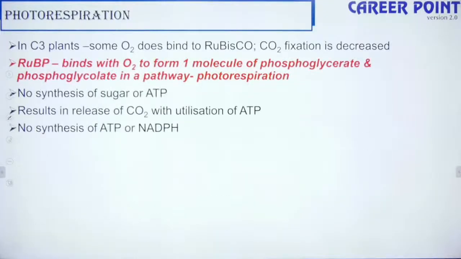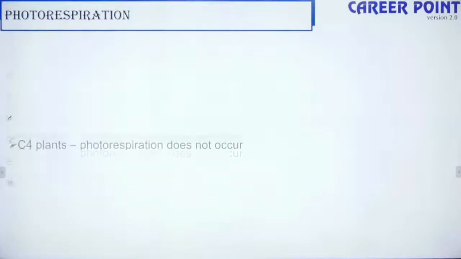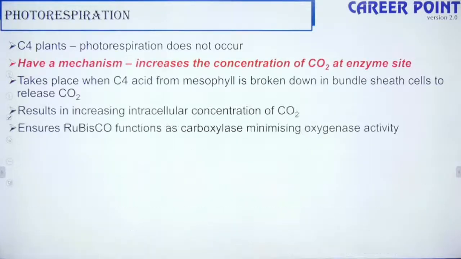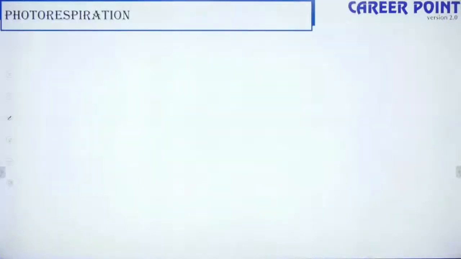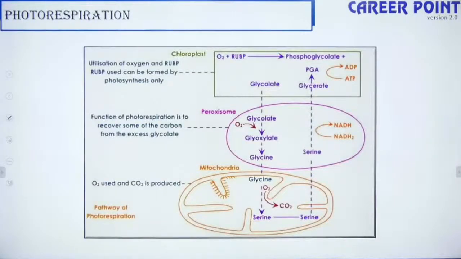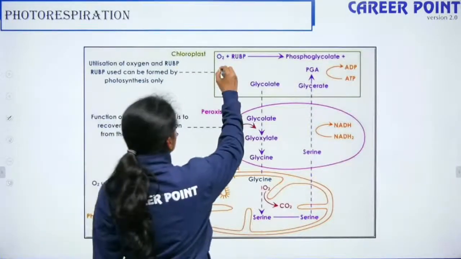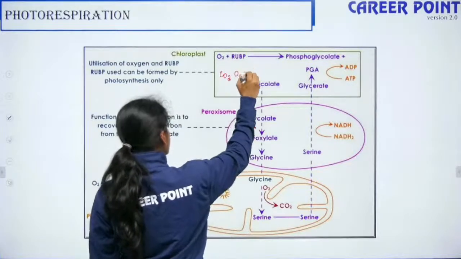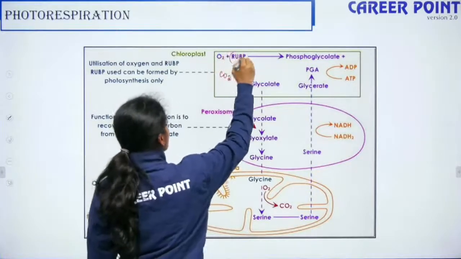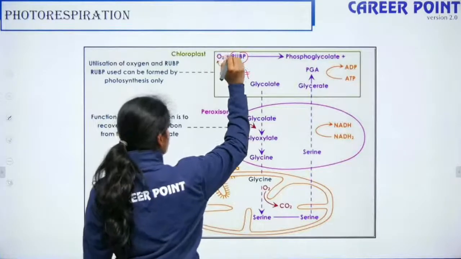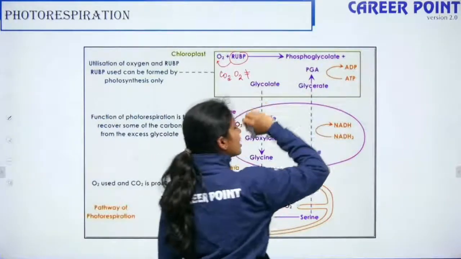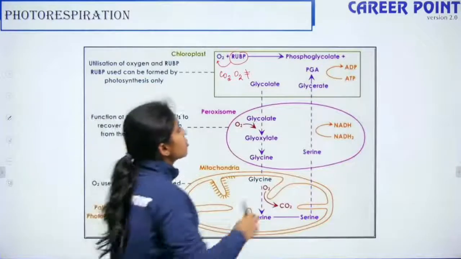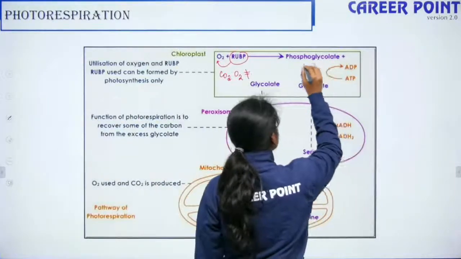We can go directly to the picture. Here the carbon dioxide to oxygen concentration is not equal. So RUBP now combines with oxygen, and instead of forming 2 molecules of 3-phosphoglycerate, it forms phosphoglycolate plus PGA.